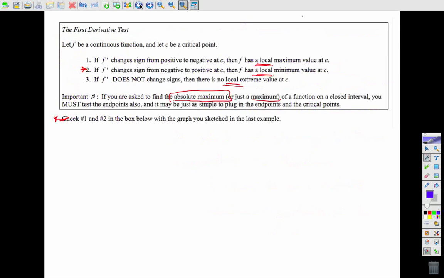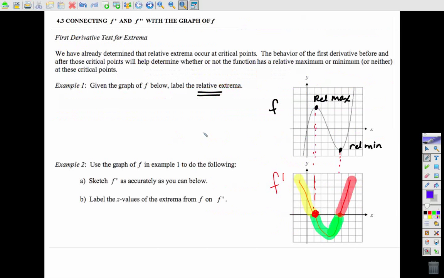Let's go back to our very first picture here. Looking at the original function, where do we have concave down? Let's look at concave down first. Well, we have concave down through these areas right here. Agree?